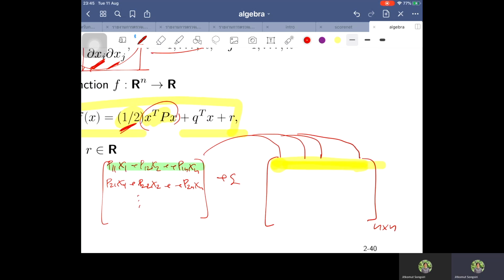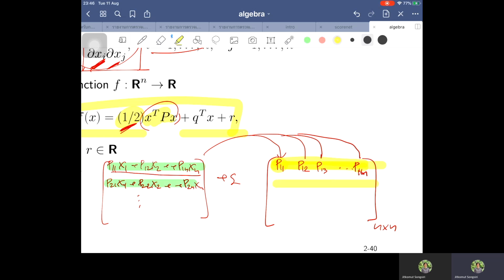Now, the derivative of the first row with respect to x1 is going to be p11, with respect to x2 is going to be p12, p13, and so on, p1n. Now you move to the second row.